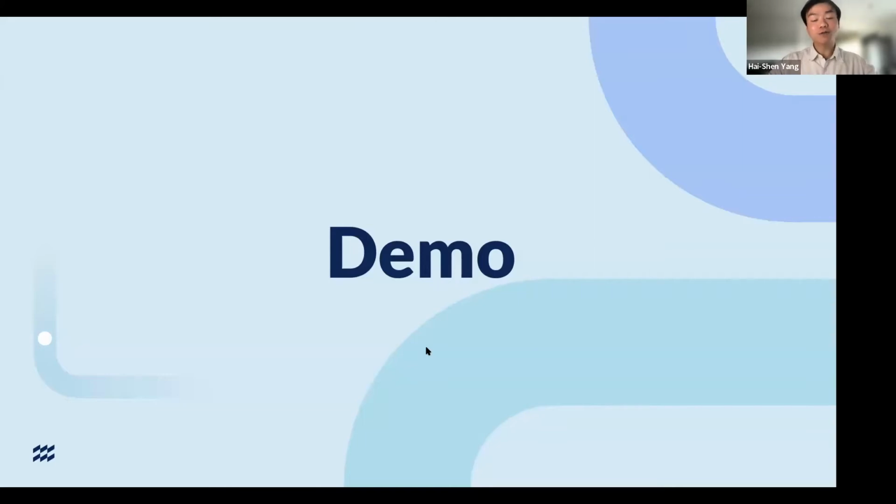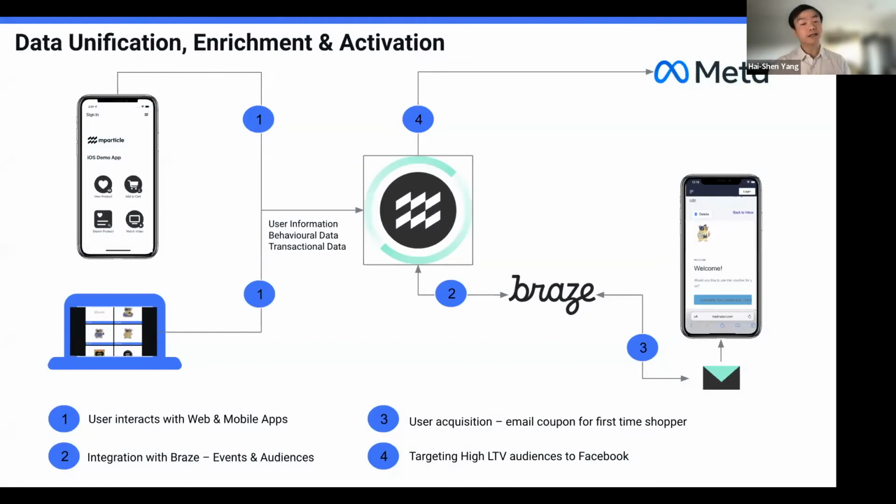Cool. So next, we're going to look at some demo. Just to set the scene, we will have a mobile application and also a web application. We'll see how in real time we're gathering the user interaction with those apps. And we'll see the data in the platform. Then we'll see how we can easily set up the activation over to different systems.